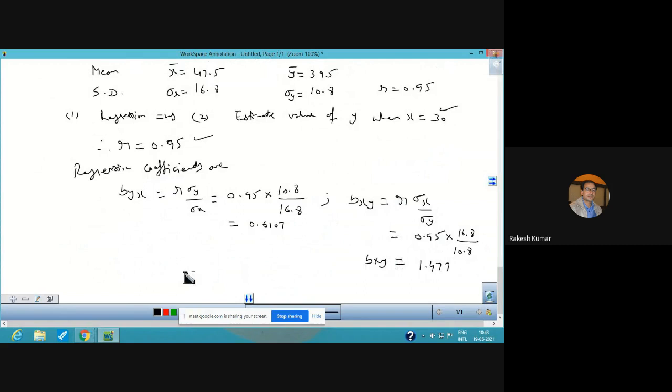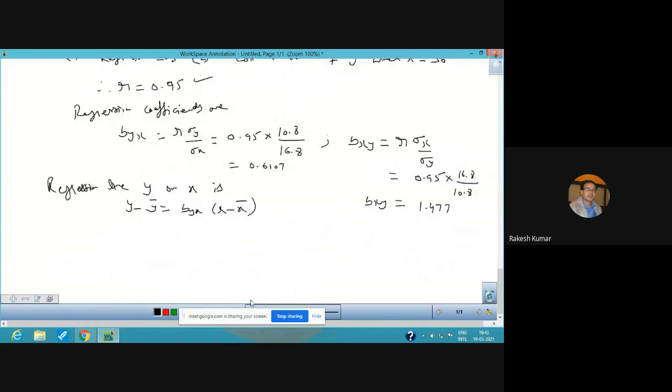Now, the regression line or regression equation y on x is y minus y bar equals byx times x minus x bar, and the regression line x on y is x minus x bar equals bxy times y minus y bar.